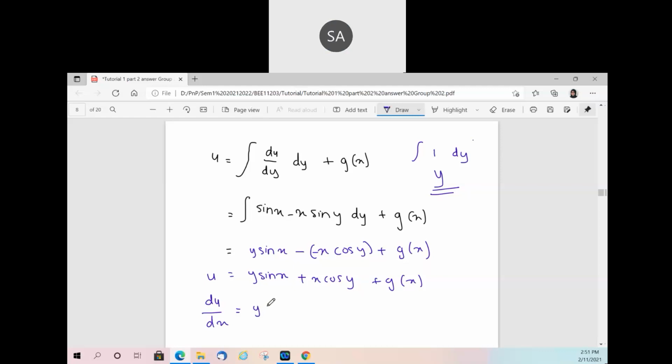Y cos x. Then you differentiate this one terhadap dx. You get plus cos y, plus g prime x.